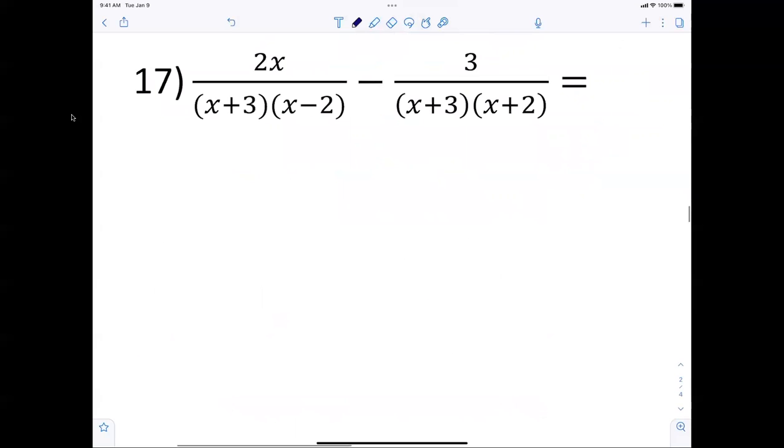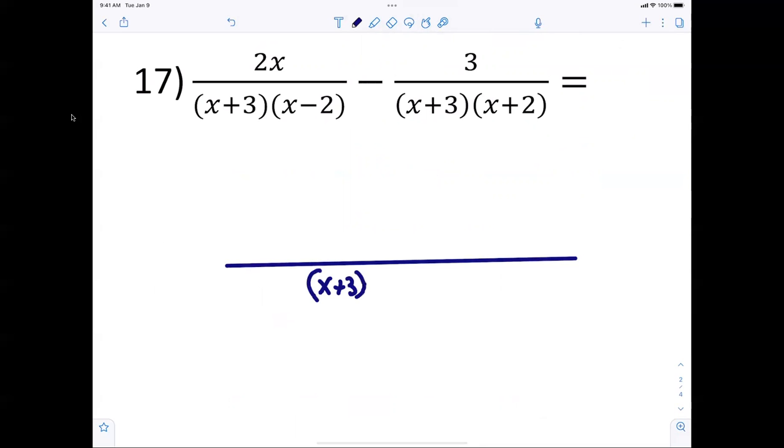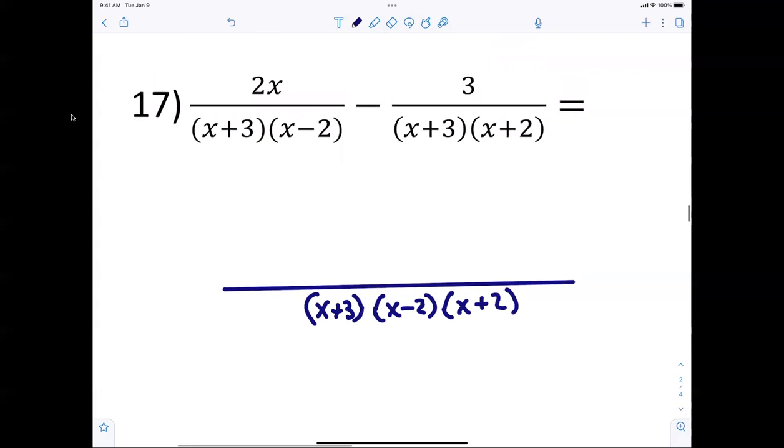All right. Now I need some help. Common denominator. x plus 3 is common. x minus 2 and x plus 2. So what am I multiplying the fraction on the left by?